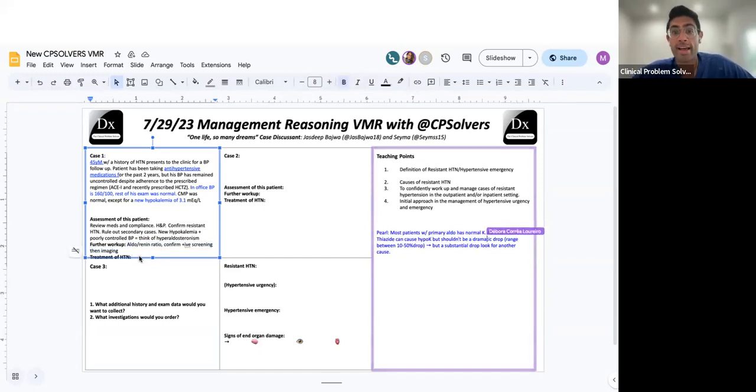Sorry, one second. Yeah, that's a great question, Ala. So the hypokalemia rule: when you're comparing loops to thiazides, thiazides are way more of a potent potassium-wasting diuretic than a loop. In general, primary hyperaldosteronism patients are more sensitive to hypokalemia.